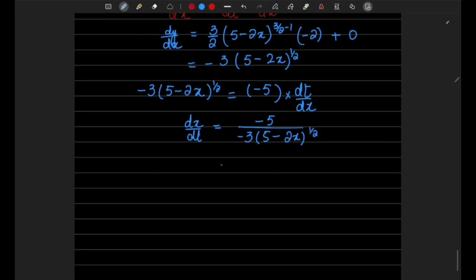So we are left with minus 5 over minus 3, 5 minus 2 times minus 2 whole power 1 over 2. So now simplify this. 5 plus 4 would be 9, and the square root of 9, since 1 over 2 power means square root, would be 3, so 3 times 3 would be 9, so 5 over 9.